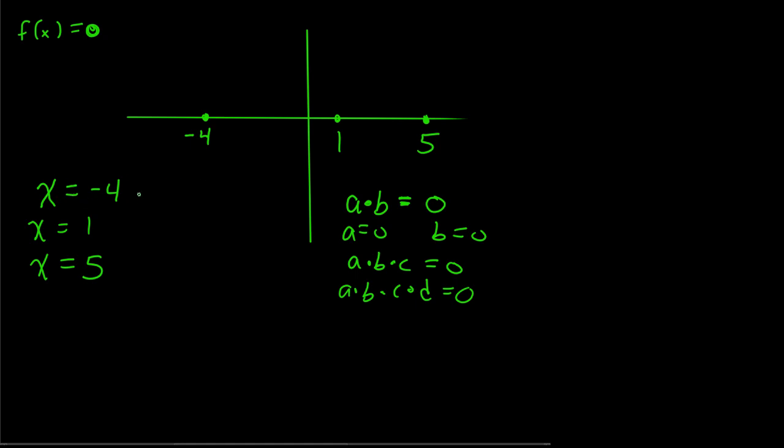And so I can actually turn these into factors. If I add 4 to both sides here, I get x plus 4 equals 0. If I subtract 1 from both sides here, I get x minus 1 equals 0. And if I subtract 5 from both sides, I get x minus 5 equals 0. And so these are factors that multiply up to 0.